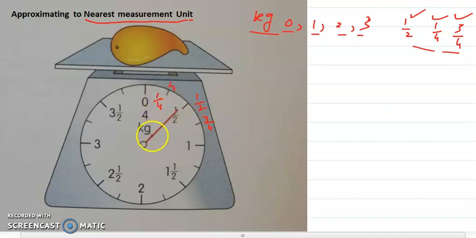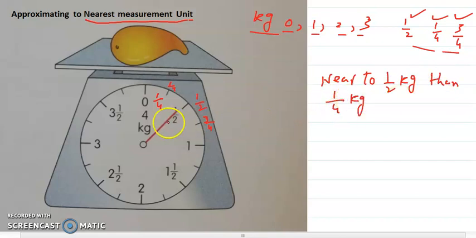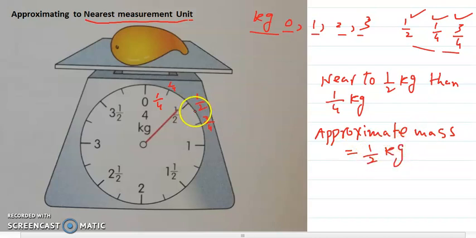I can say the pointer is nearer to half kg than quarter kg. So of course the approximate mass in this case will be half kg, because it is near to half kg.